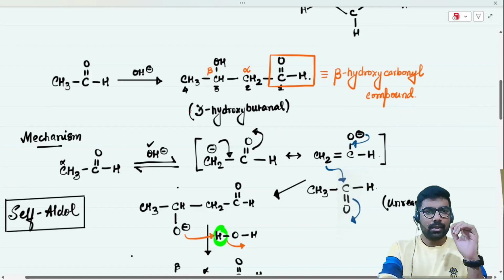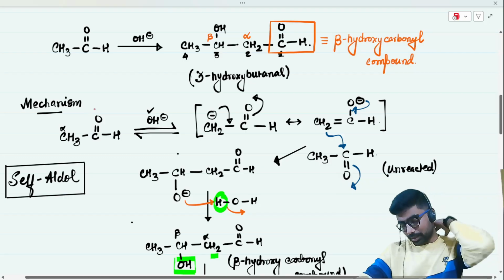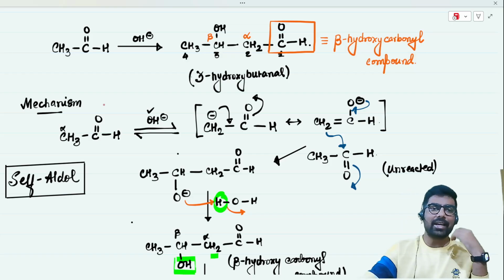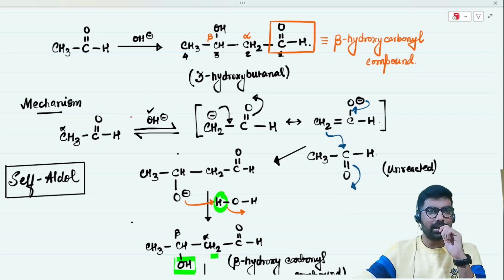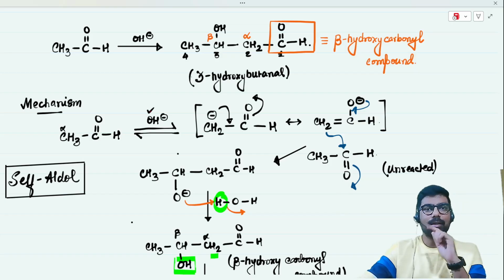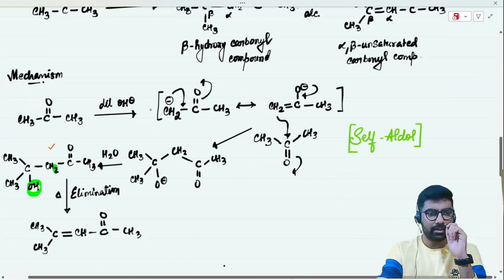See, the aldehyde or the ketone in which the OH attacks, I'm telling you again, listen. The aldehyde or the ketone in which the OH attacks first retains the C double bond O character, or the carbonyl character.